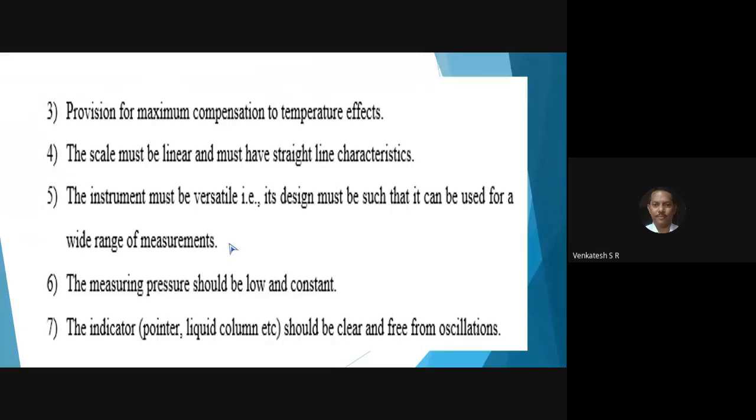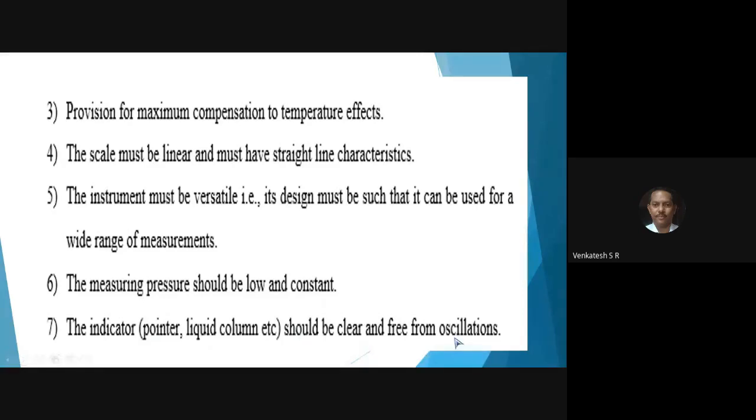Next, come to the point: the measuring pressure should be low and constant. The pressure of the instrument should not endanger or harm the operator. The pressure should be low and constant. The indicator, pointer or liquid column, etc., should be free from oscillations.